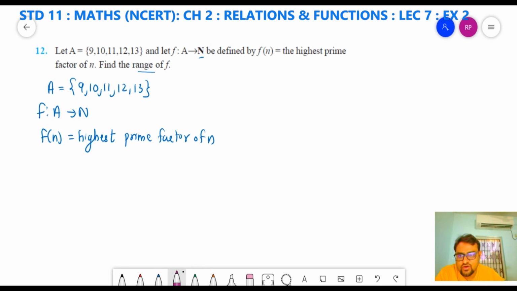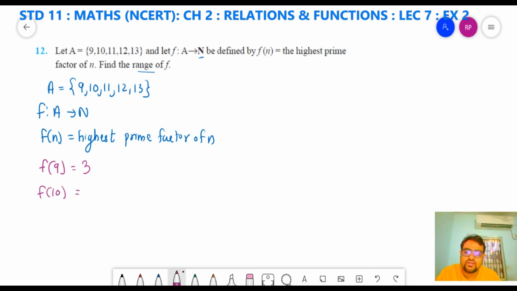So now first let's select 9, f of 9. So what are the factors of 9? The factors of 9 are 1, 3 and 9, right? Out of that, prime factors. So how many prime? Only one. So highest will be that only. Clear? Next is f of 10.